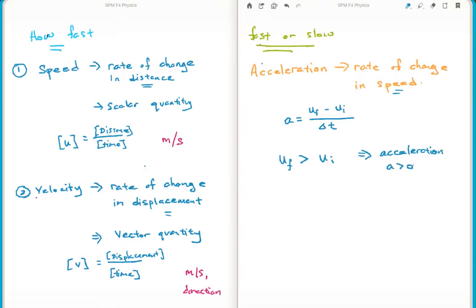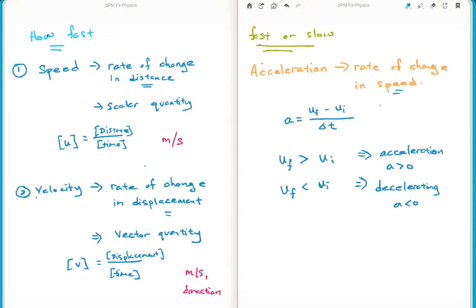Likewise, if my final velocity is smaller than initial velocity, initially very fast and at the end very slow, then I would say this object is decelerating. So you get A less than 0. It's a matter of calculation.